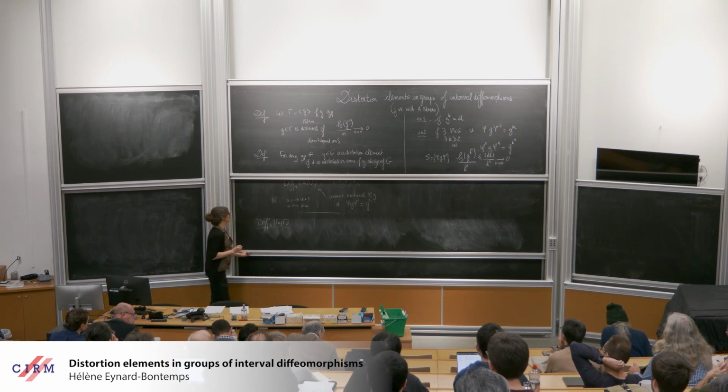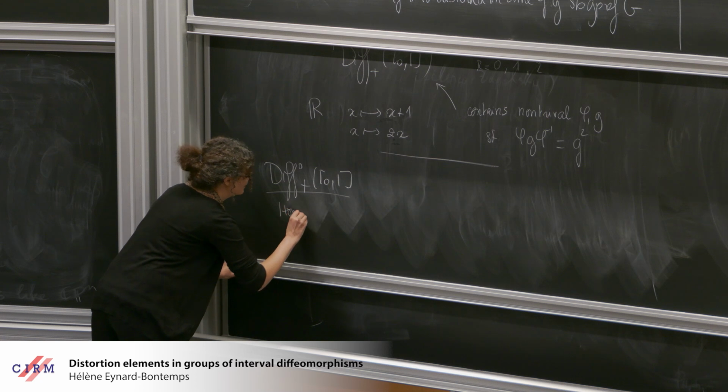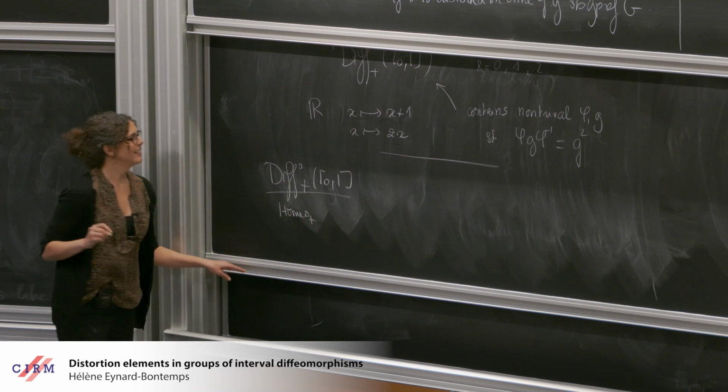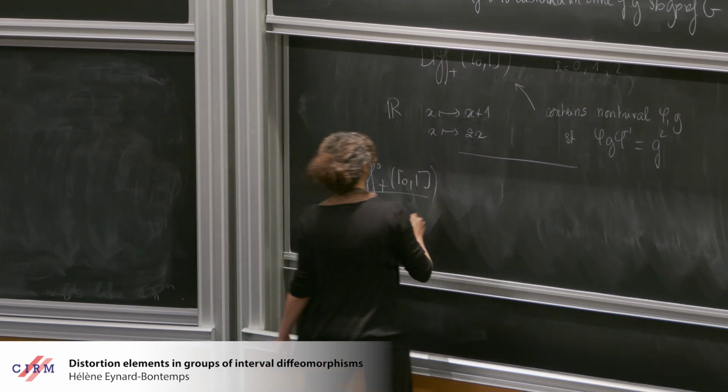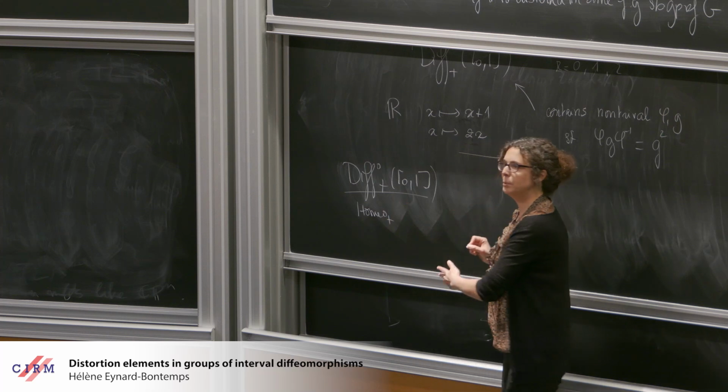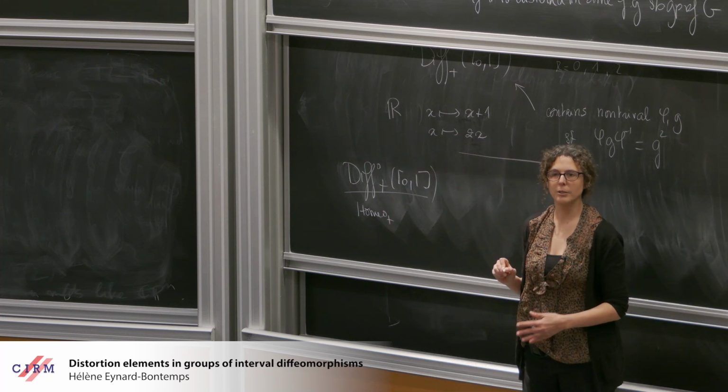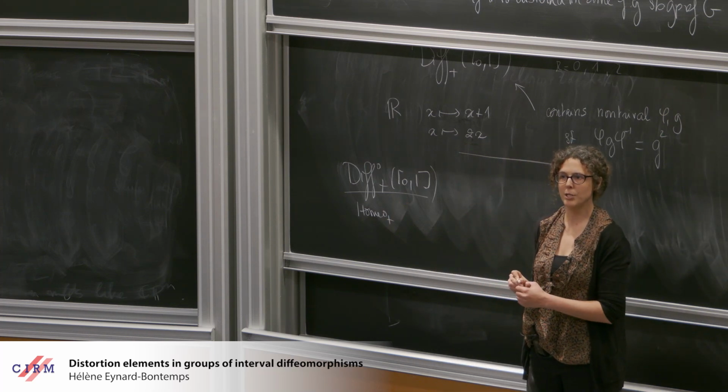If I start with homeos, a simple remark is that in this group, everyone is a distortion element because everyone is conjugated to its square.